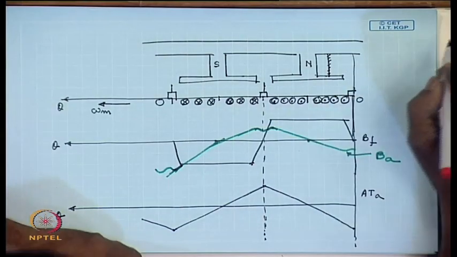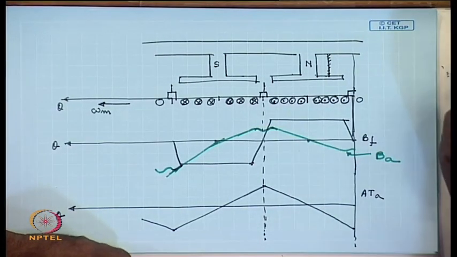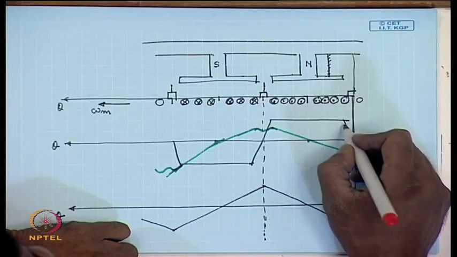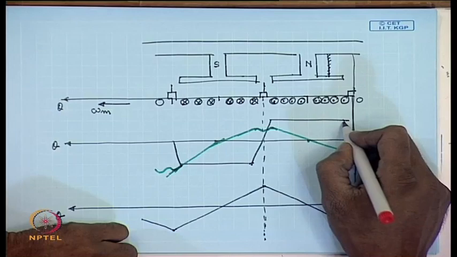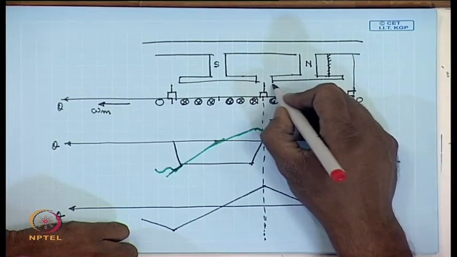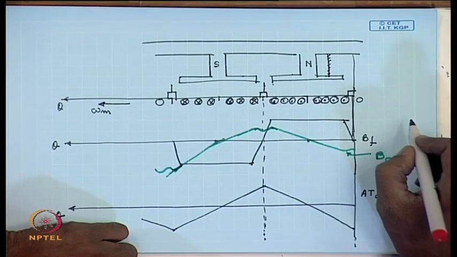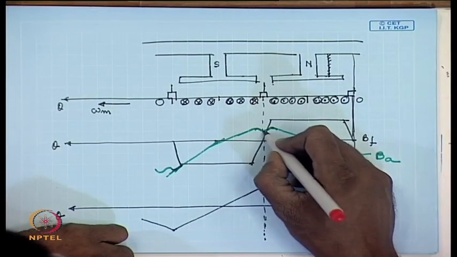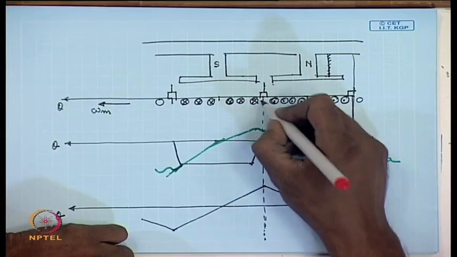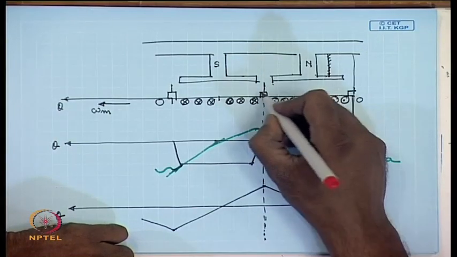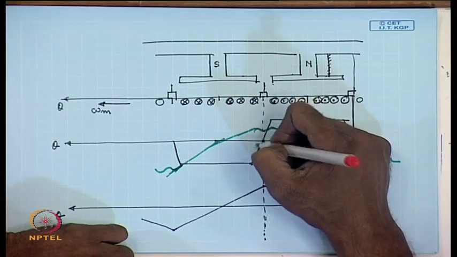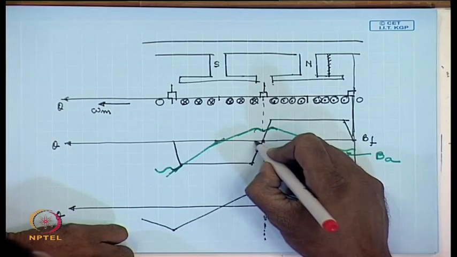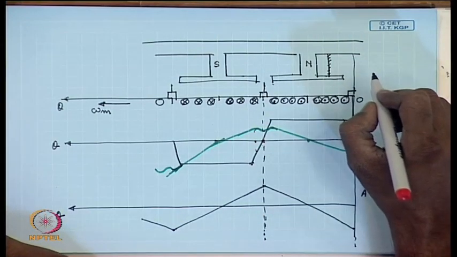So, the resultant flux density waveform will be distorted. There will be two prominent effects. First of all, there will be a reduction in the flux density waveform on this side of the pole shoe, and a corresponding increase on the other side. As well as, the flux density at the position of the brushes will no longer remain 0, but it will shift by some angle.